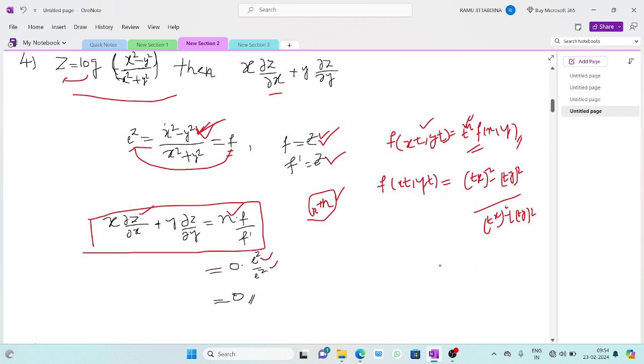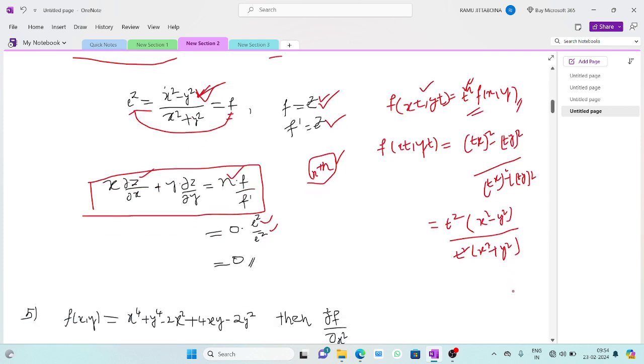If I take t common, I get t square in the numerator and t square in the denominator also. So I get t square into x square minus y square over t square into x square plus y square.